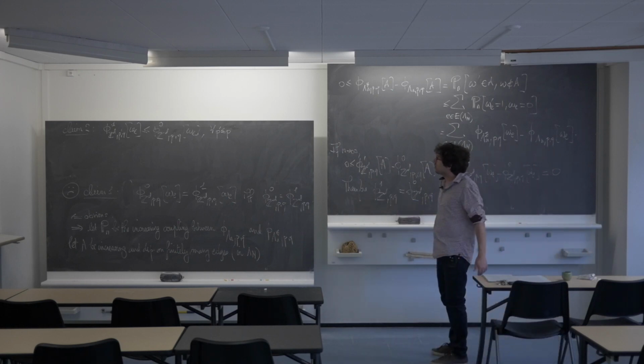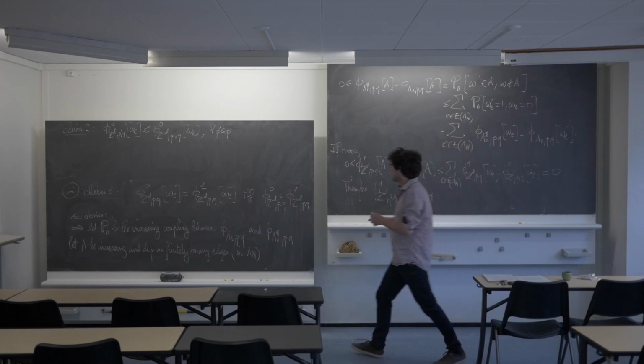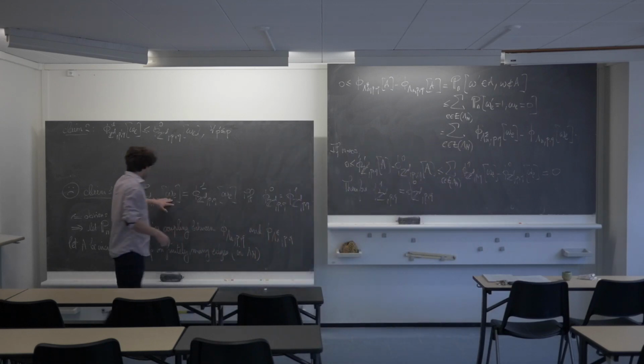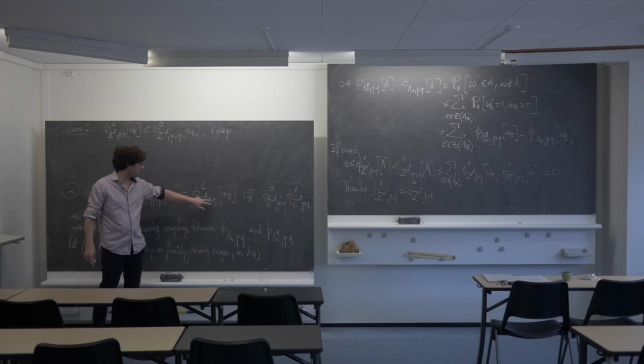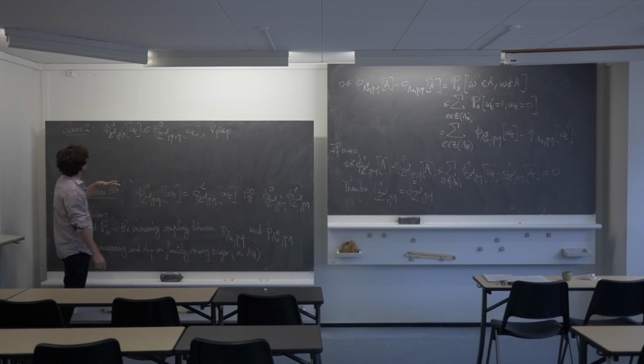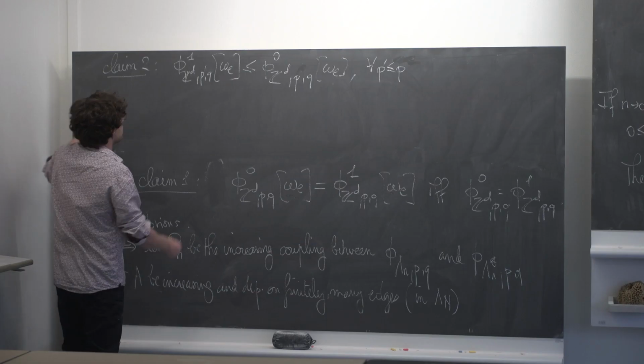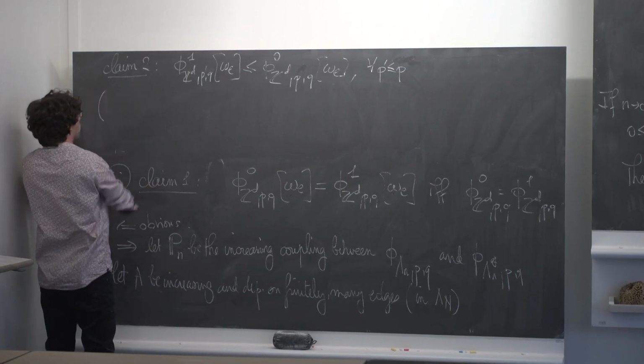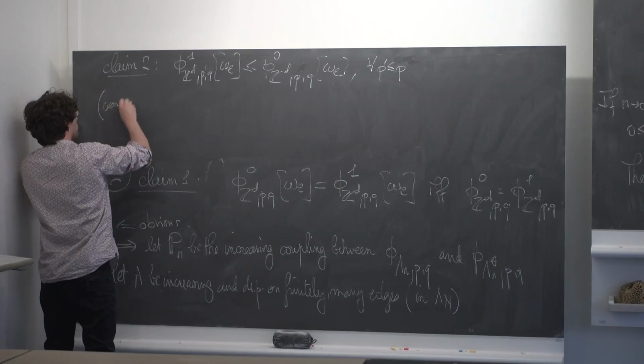And once we have this, we are going to deduce that, in fact, phi 0 ZdPQ of omega E is equal to phi 1 ZdPQ of omega E for every E. So maybe just before we prove it, the conclusion of the proof.